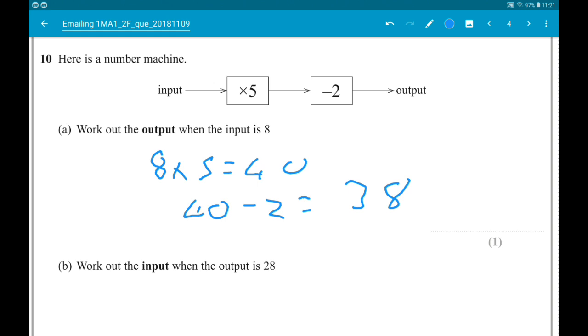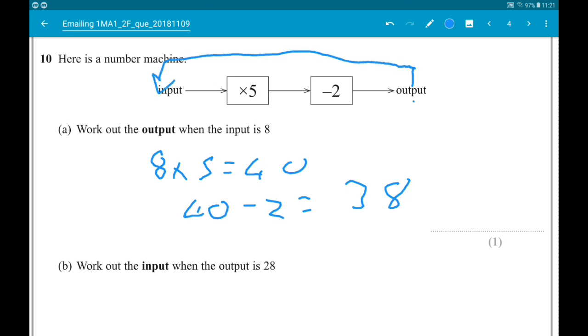Okay, then part B wants us to work out the input when the output is 28. So, for this, we work from the right back to the left.